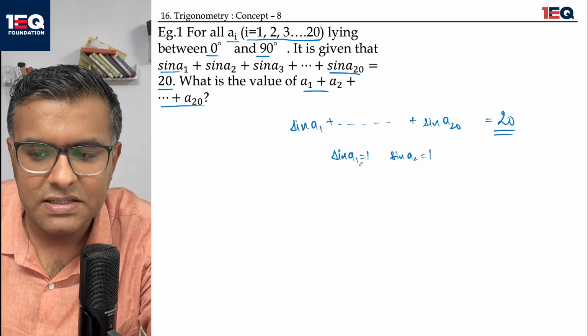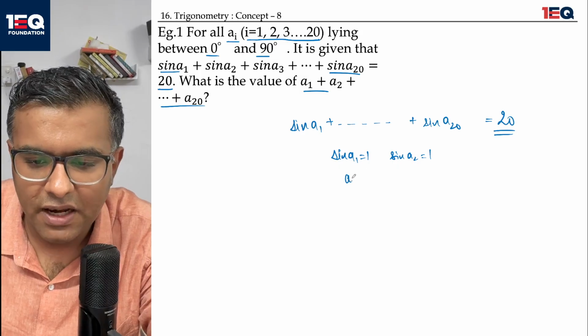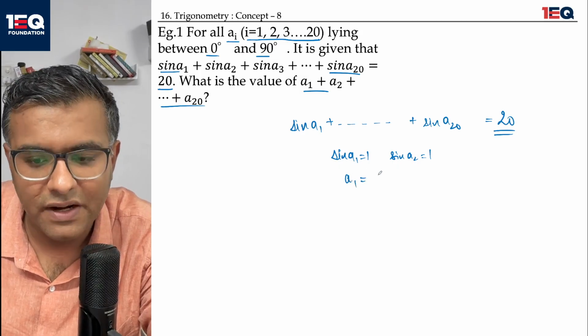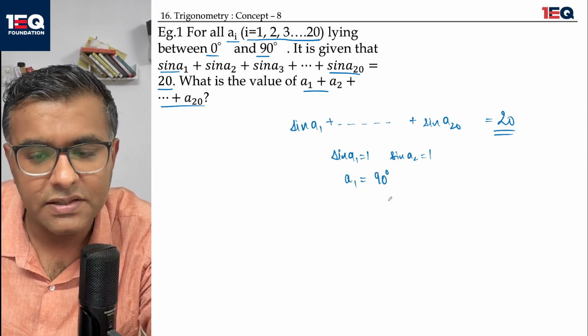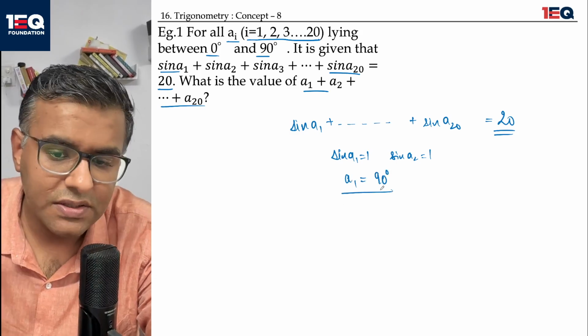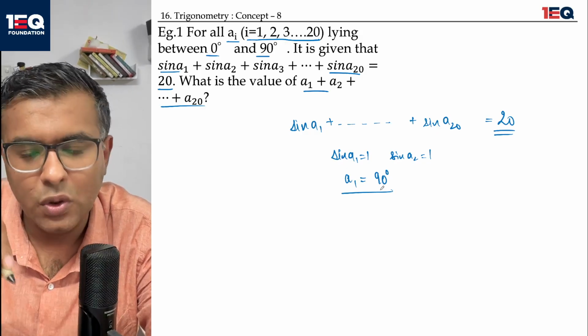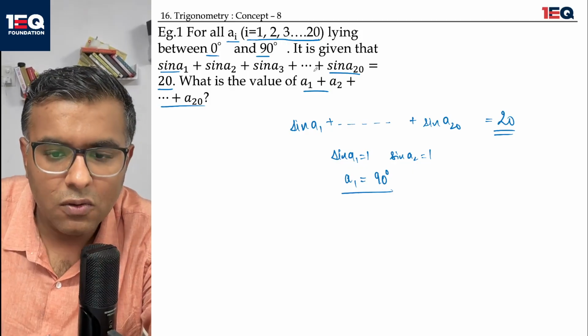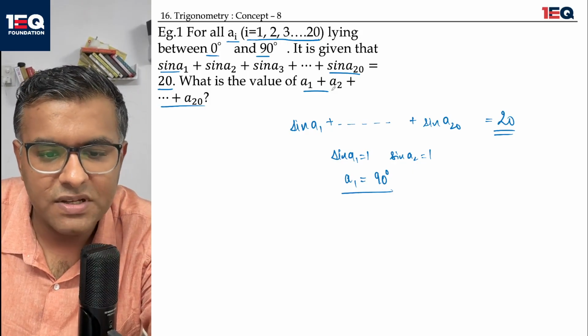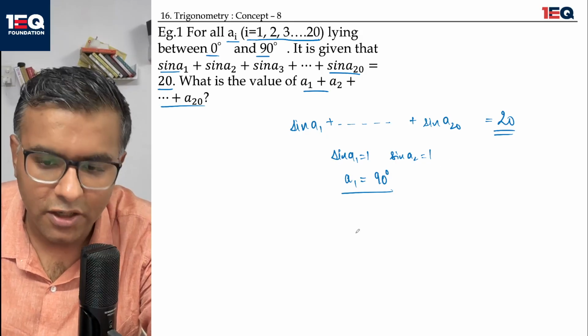In that case, I can say that the value of A1 is nothing but 90 degrees, because sin at 90 degrees is equal to 1. So A1 is equal to 90 degrees. Now the question is, what is the value of A1 plus A2 plus A3 and everything till A20?